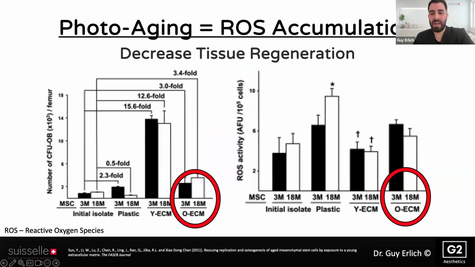And this is interconnected to the amount of reactive oxygen species. When we have more reactive oxygen species, we have more aging of the skin, and this is why we want to reverse it. We want to decrease the amount of reactive oxygen species and increase the amount of modulators or remodulators in the skin in order to strengthen it.